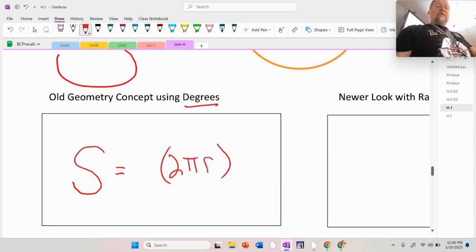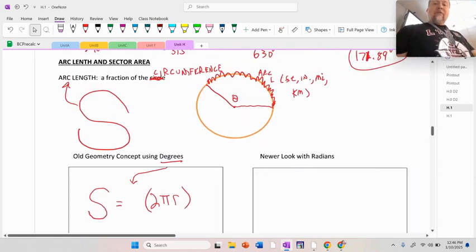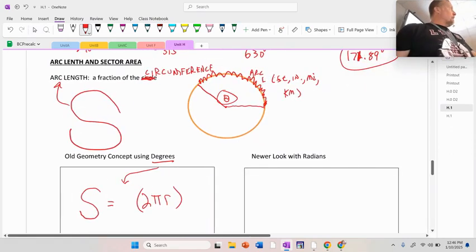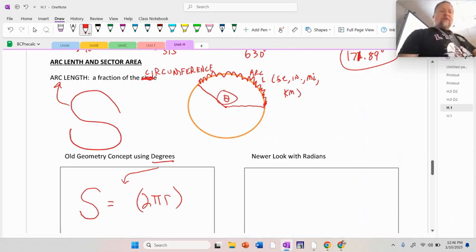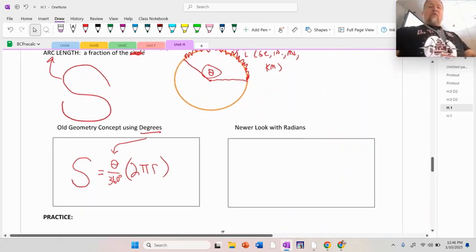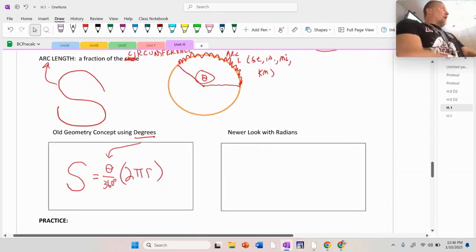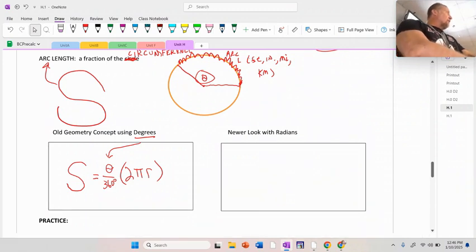But that's a full circle around. So when the angle was in degrees, we had to multiply this full circle by a fraction. The angle itself tells me the fraction. But what's a full circle in degrees? So this fraction was whatever the angle is in degrees divided by 360. Now what I want you to understand is when we're looking in radians, the angle already tells me what fraction I'm dealing with.